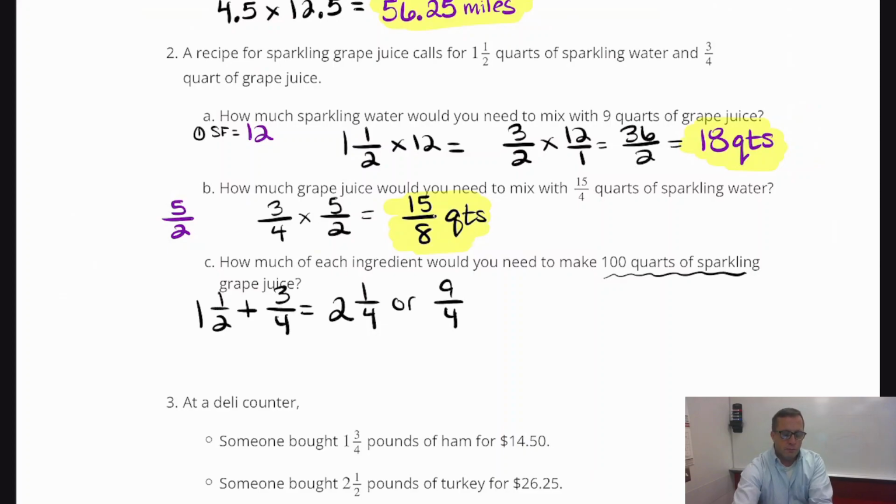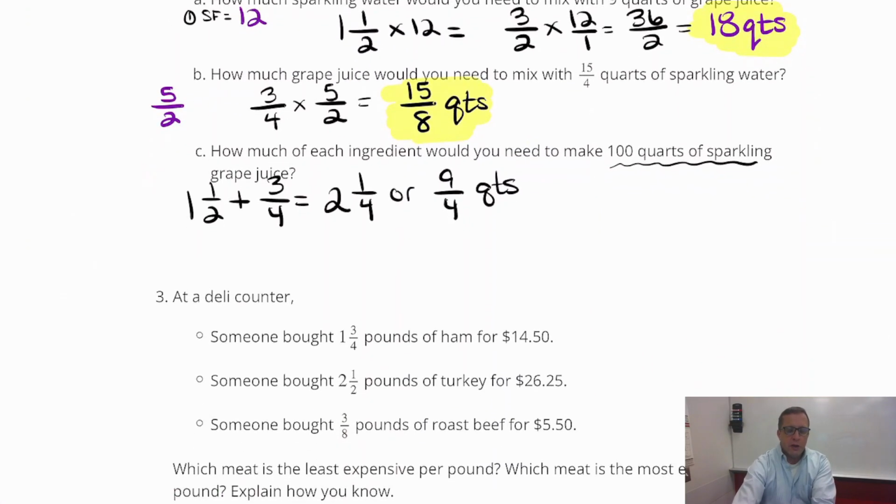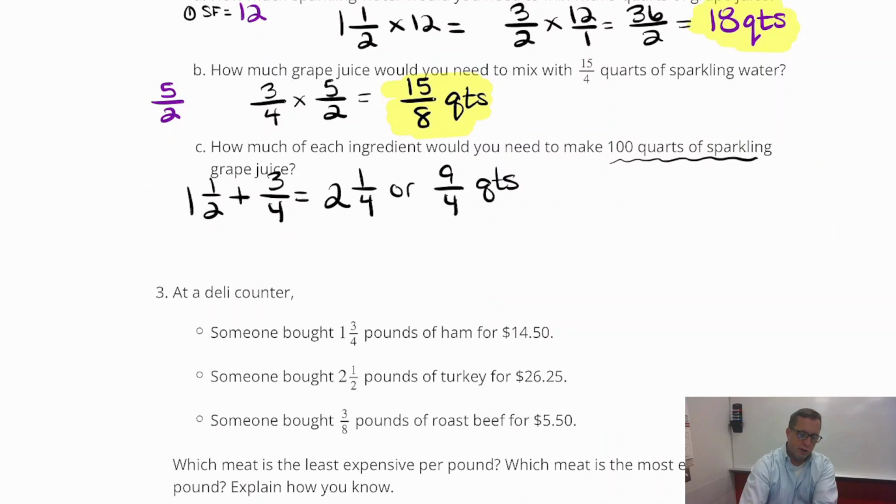All right, so what I'm trying to show you here is that just the basic mixture makes 9/4 quarts of sparkling grape juice. Okay, so just like we have been doing on the other two problems, let's find the scale factor. So we're going to do 100 divided by 9/4.